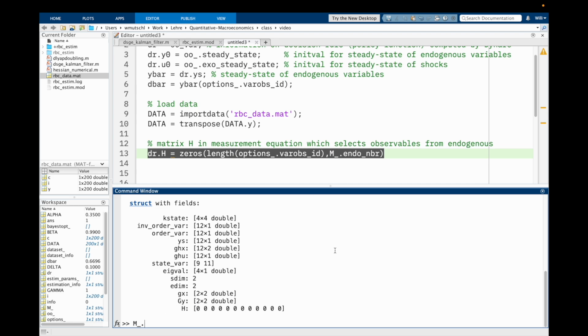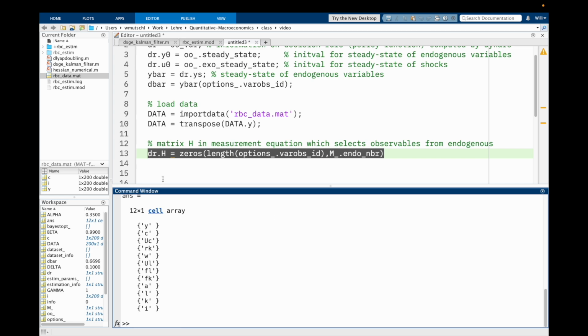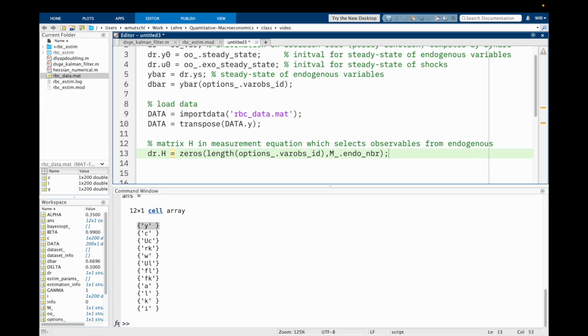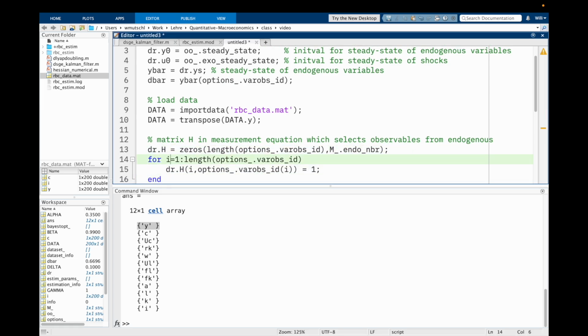So m handle names, this is the way I declared the variable. So I want to put in the first column a y. Say if you have more than one observable, I'm going to run through the observables, and I'm just going to put in the corresponding column a 1.